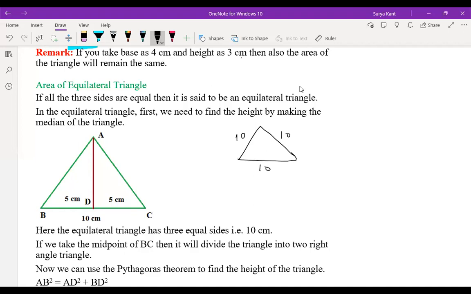Sir, basically what the Pythagorean theorem states is that the height square equals the hypotenuse square minus the base square.